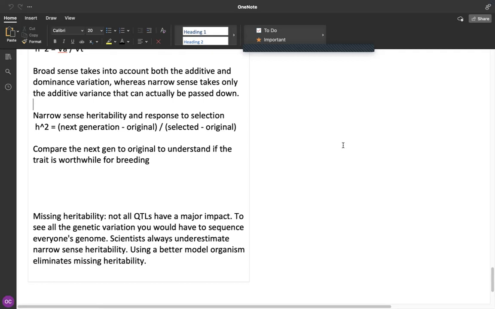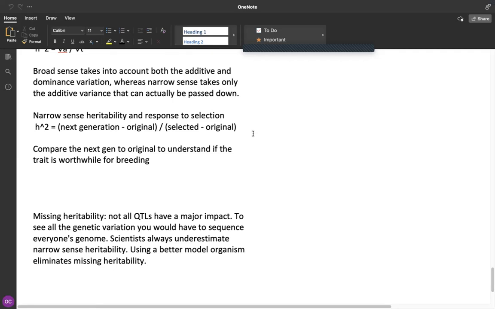You want to compare the height of the next generation to the height of the selected group. So you take the next generation's height minus the original large population height, over the selected population height minus the original population's height. This compares the next generation to the original to understand if the trait is worthwhile for breeding.